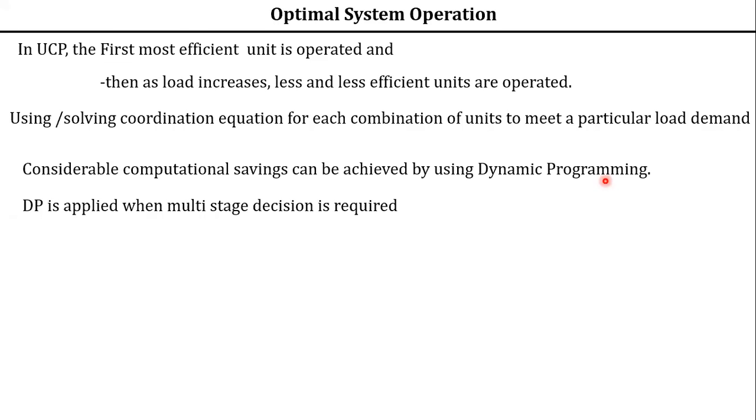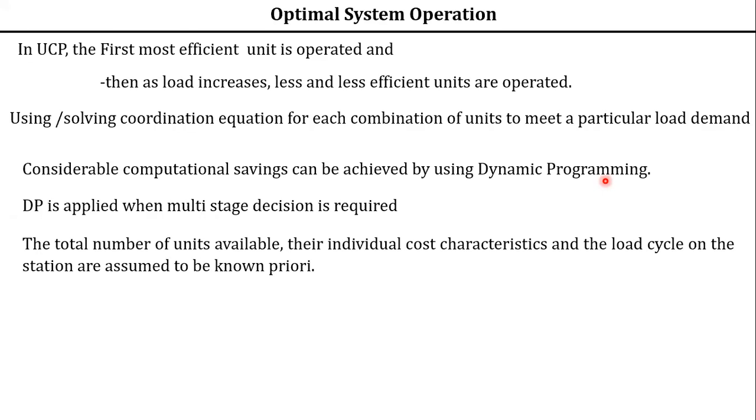Apart from this, whether you operate units 1 and 2, or 3 and 4, or 1, 3, 4, 7, a combination of 4 units, 3 units, 2 units or 1 unit alone, this is a multi-stage decision. So whenever a multi-stage decision has to be taken, you can apply DP, dynamic programming.